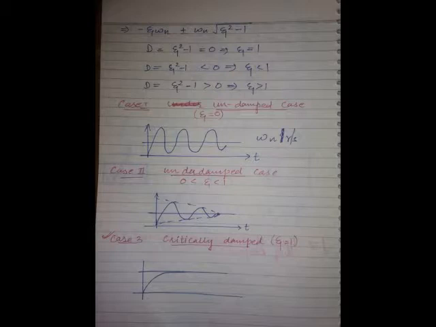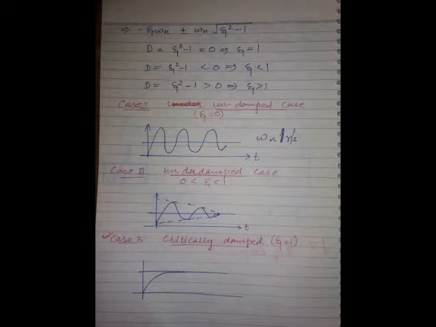Root minus 1 value is j. So these roots are lying on imaginary axis, at j omega n and minus j omega n.